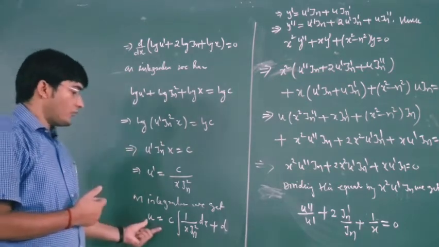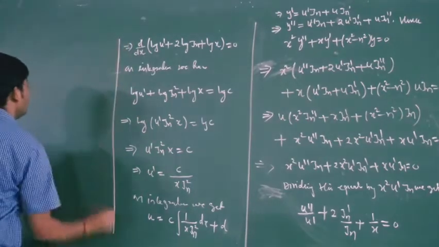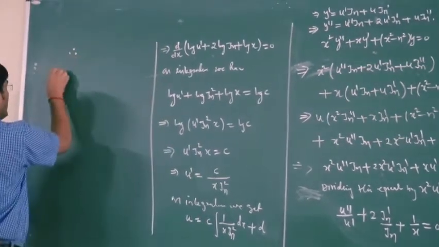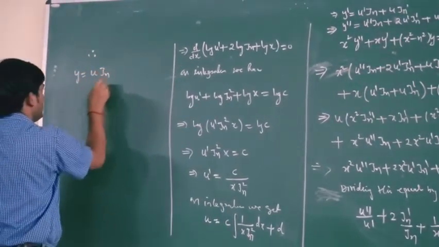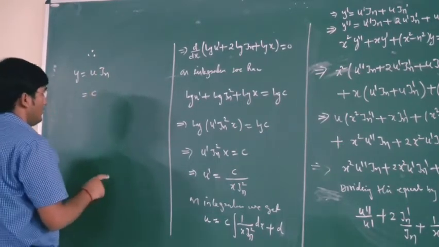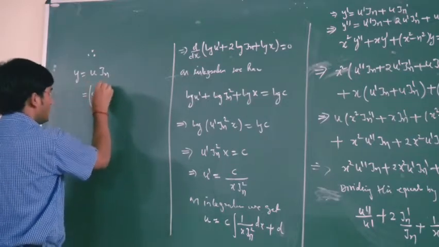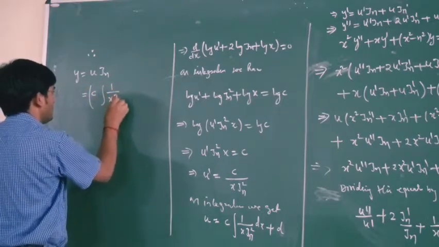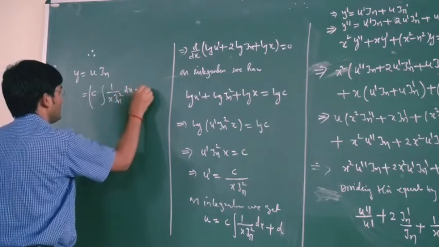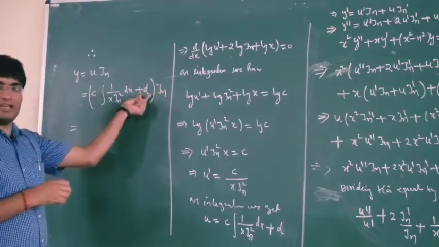Now we have the value of u, hence our solution is given by y equal to u times Jn. So this is equal to c times integration of 1 upon x Jn square dx plus some other constant d, into Jn. Let us assume the constant d as a.